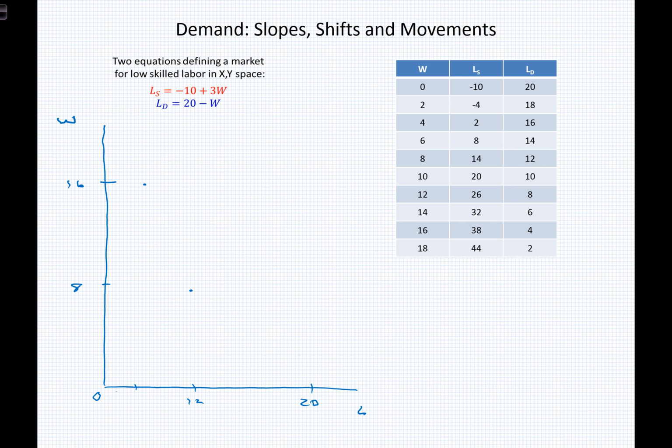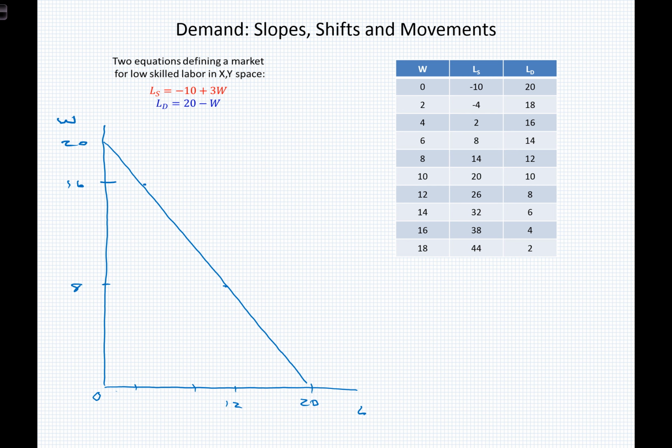If I had done my plotting of wage and labor demand nice and proportionately, then we would end up with this labor demand curve that we've seen before, going from 20 to 20. I haven't plotted this proportionately very nicely. I probably should have put my 12 about here, and that would then put us on the curve.